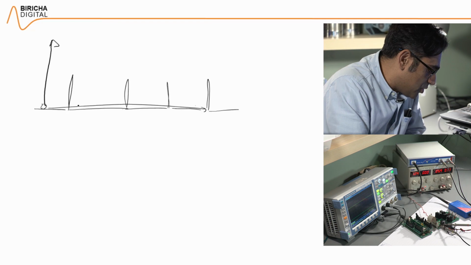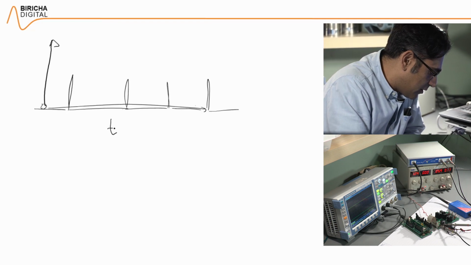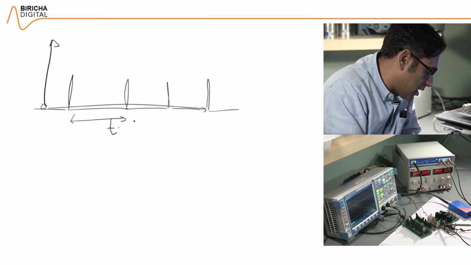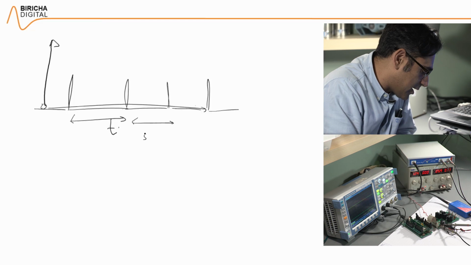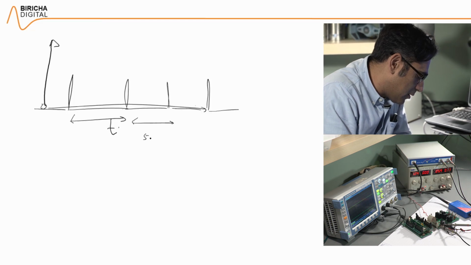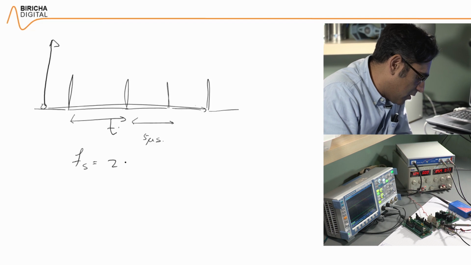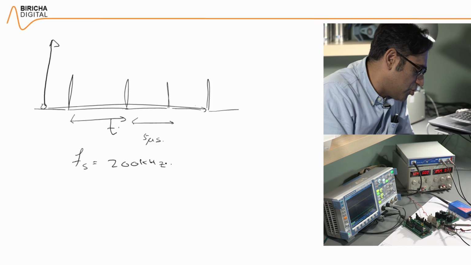You don't need to be switching this fast. This is time here, and this is the width of the PWM. So what you can say is that, instead of switching, let's say, every 5 microseconds, that would give you a switching frequency of 200 kilohertz. You can say, well, at low loads, I don't need to do that.